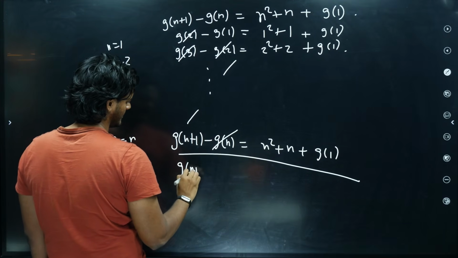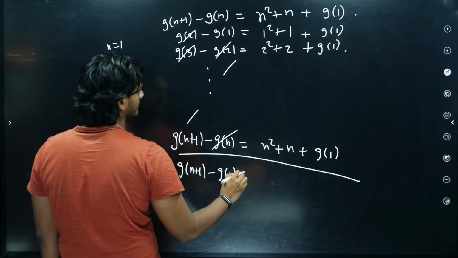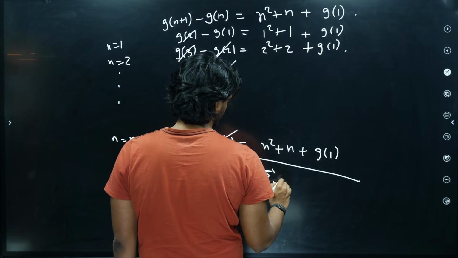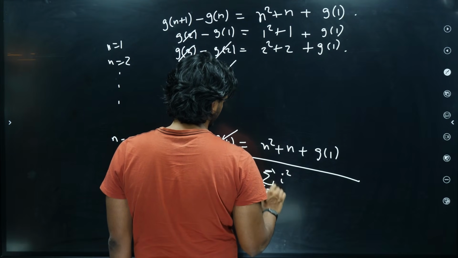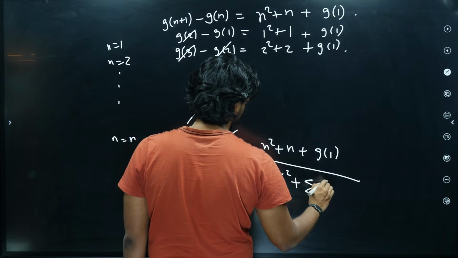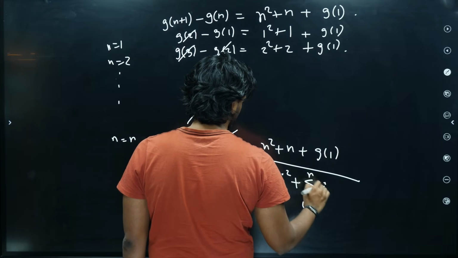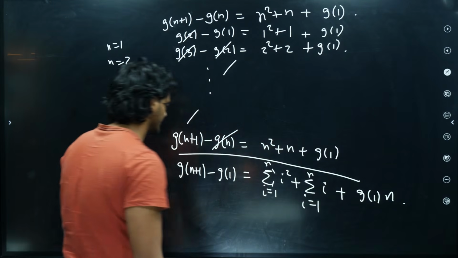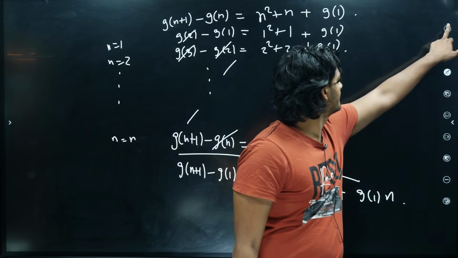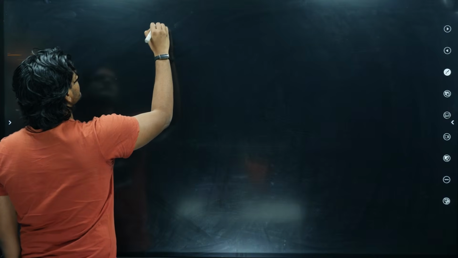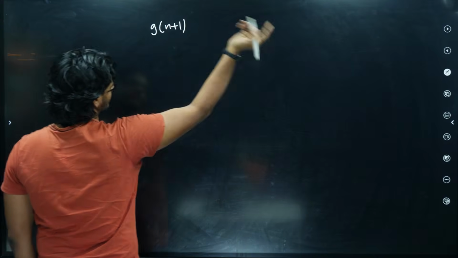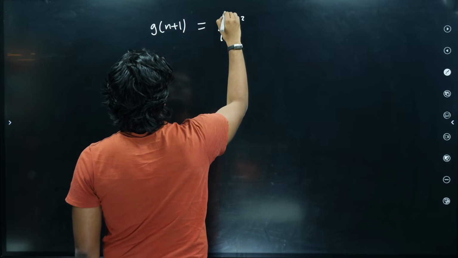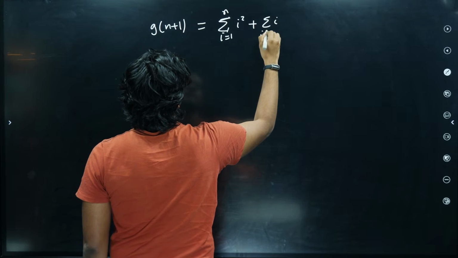So g of n plus 1 minus g of 1 will be equal to summation of i square, i varies from 1 to n, plus summation of i, i varies from 1 to n, plus g of 1 added n times, so g of 1 into n. Moving g of 1 to the other side, we have g of n plus 1.